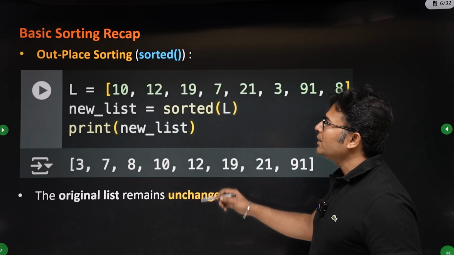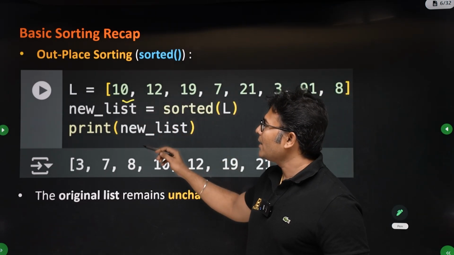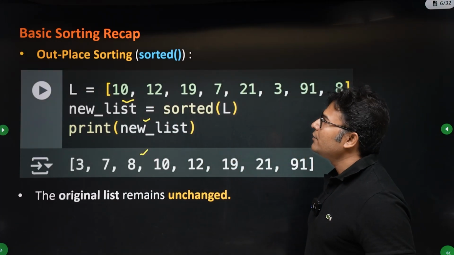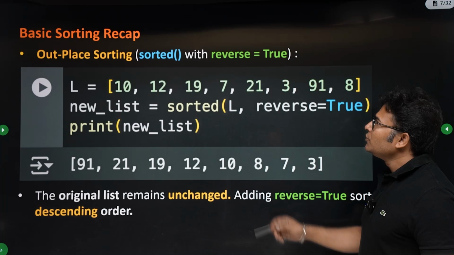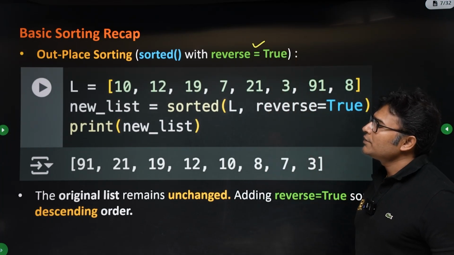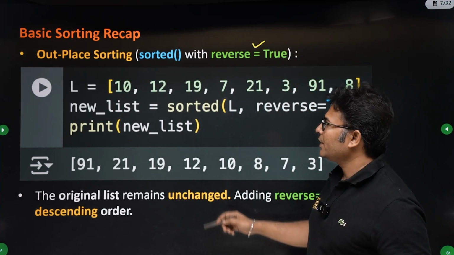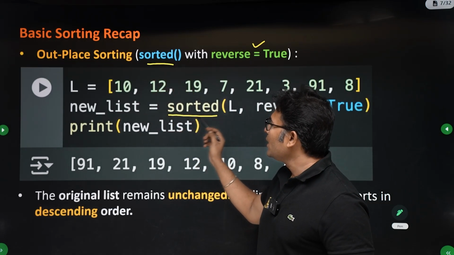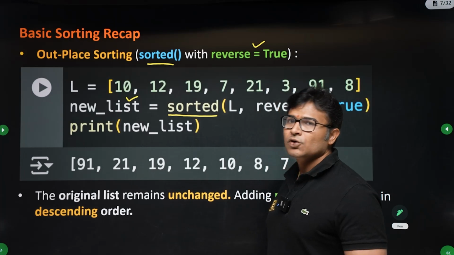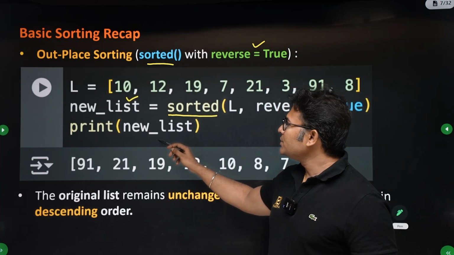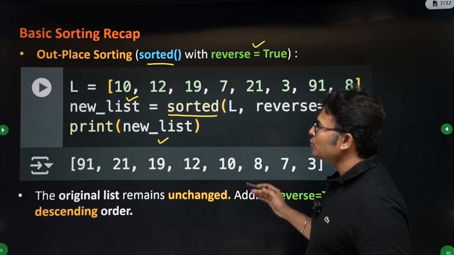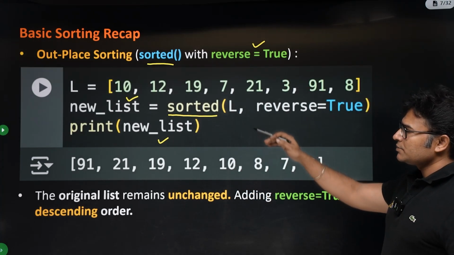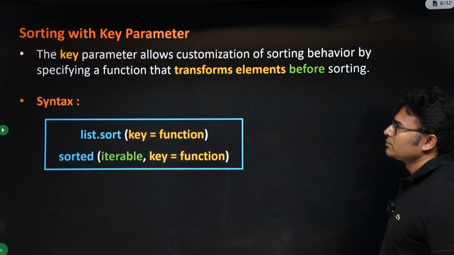If you use sorted, a new list is produced and that new list is sorted, but the original list is left as it is. And if you say reverse equal to True, then descending order will be produced. Since you are using sorted, a new list is created, which means out-of-place sorting is done, and the values are in descending order.